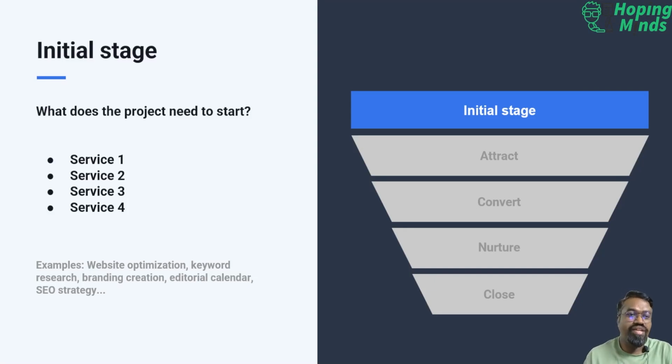So we need to put up all the services that we are going to do in the initial stage. For example, we are going to do website optimization, keyword research, branding creation, right? Editorial calendar, SEO strategy, backlinks, let's say, right? We need to put each and everything very clearly in the initial stage.